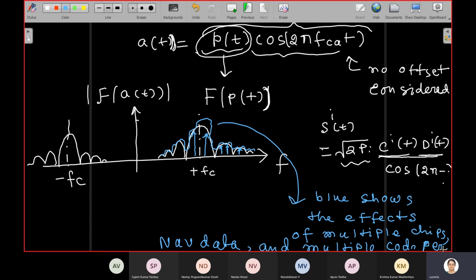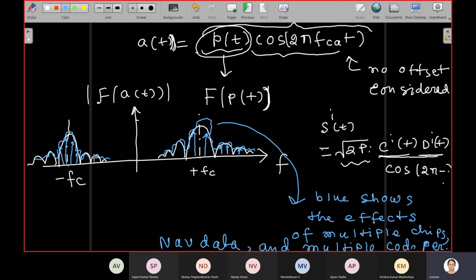I'm just writing PER. PER stands for periods here. Similarly, on the left side also we'll have something like this. So the effects of multiple chips, multiple code periods, and nav data basically impose some fine structure onto the sinc pattern. But the dominant shape here still is the sinc pattern.